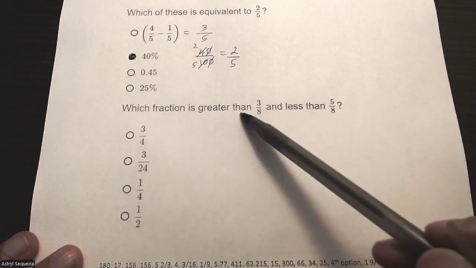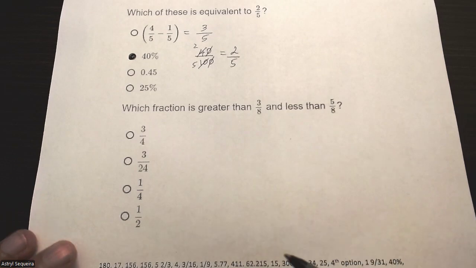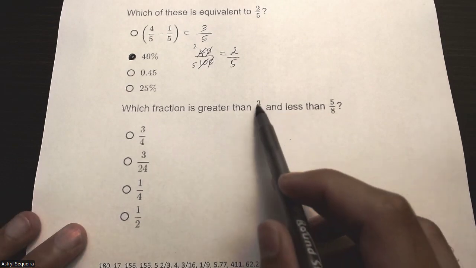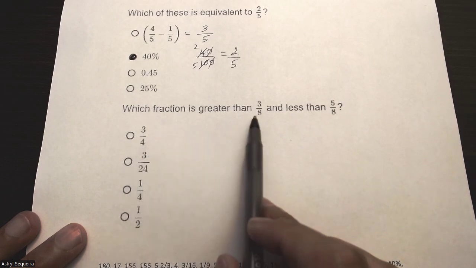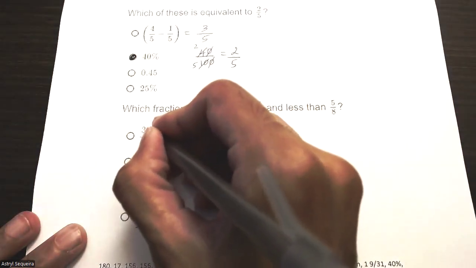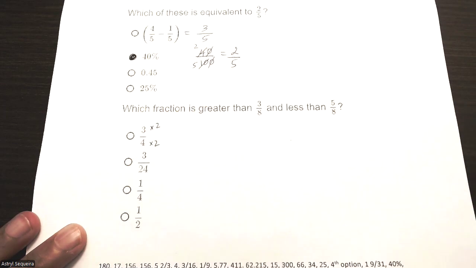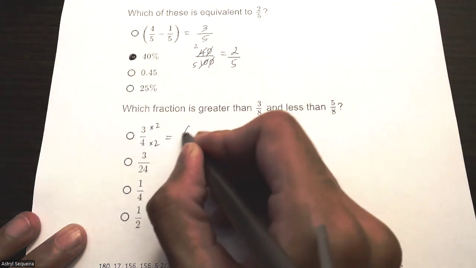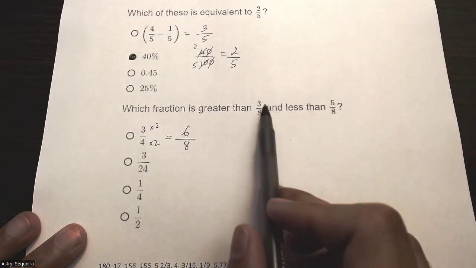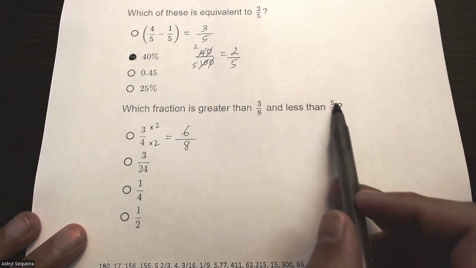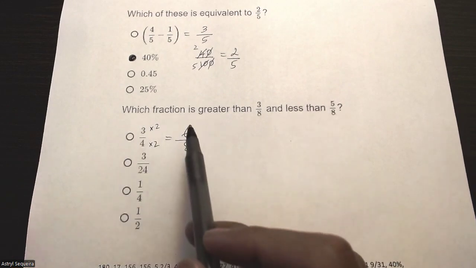If you can't do this mentally, you want to get all the denominators to an 8 to see which one is between 3 and 5. So I'll start with the first one here. To get the denominator to 8, I just have to multiply by 2. 3 times 2 is 6, and 4 times 2 is 8. 6 is not between 3 and 5. So we know the first one is ruled out.